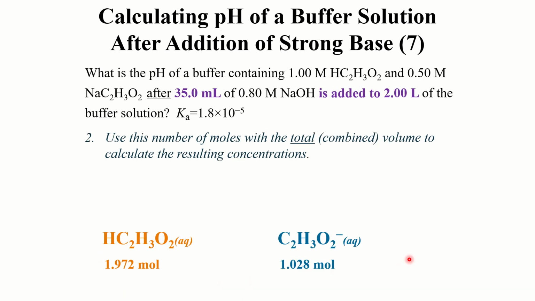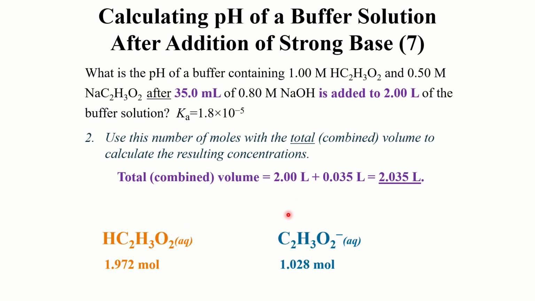Now that we've got these values in moles, we need to calculate the new concentrations. So first, consider the total combined volume. We had 2 liters of buffer plus the 0.035 liters of the base that was added, giving a total combined volume of 2.035 liters.